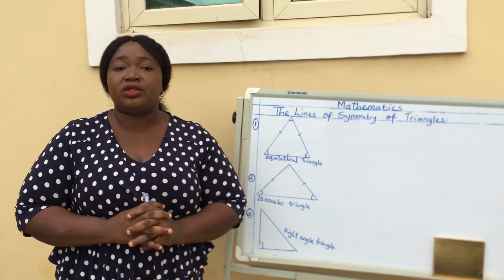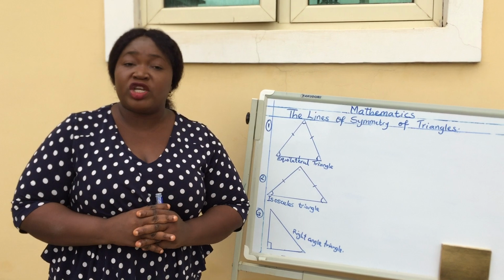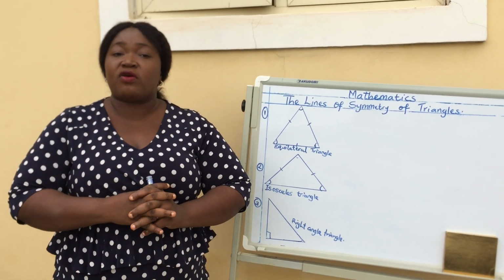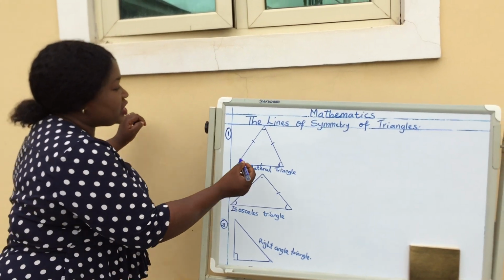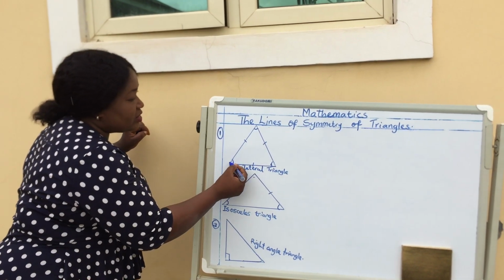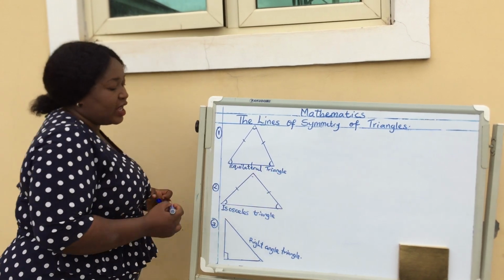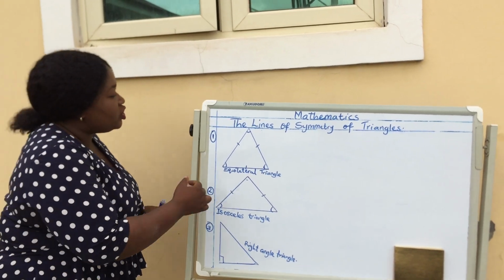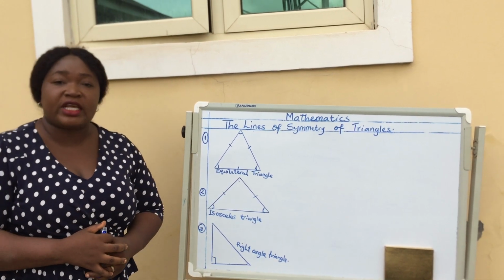Now an equilateral triangle is from the words equal triangle. It is a triangle that has the three sides equal, which means the length of the three sides of an equilateral triangle are equal. This side is the same as this side, and the same as this side. If you measure this side, you will notice it is 15 centimeters.